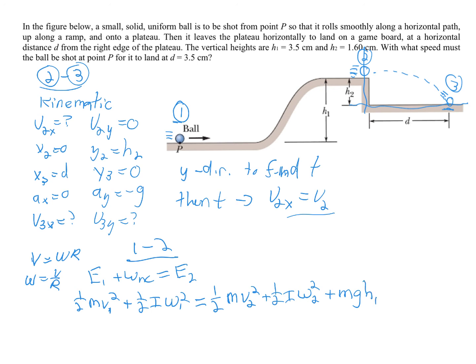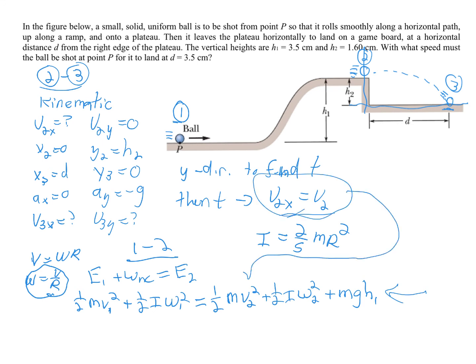So from there, you should be able to actually solve for v1 by making this substitution here and observing that I, for a solid sphere, is going to be 2/5 mr squared. So you plug those two things in together, and in this one simple equation, once you have v2, you should be able to solve for v1.